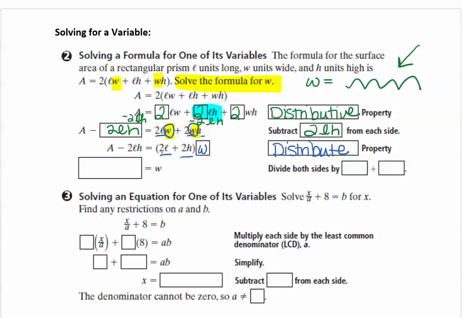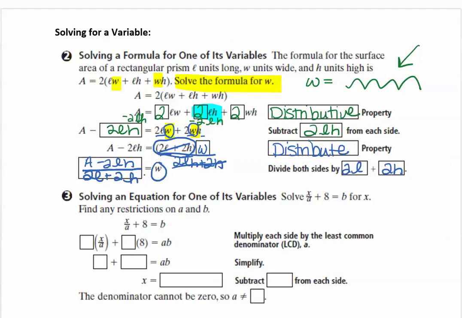The benefit of doing that is now this ugly thing that doesn't have any W's, we can divide from both sides. So we're going to divide both sides by 2L plus 2H. Divide it on this side, and it goes away. Divide it on this side, and we get our answer. A minus 2LH divided by 2L plus 2H. There's your answer.